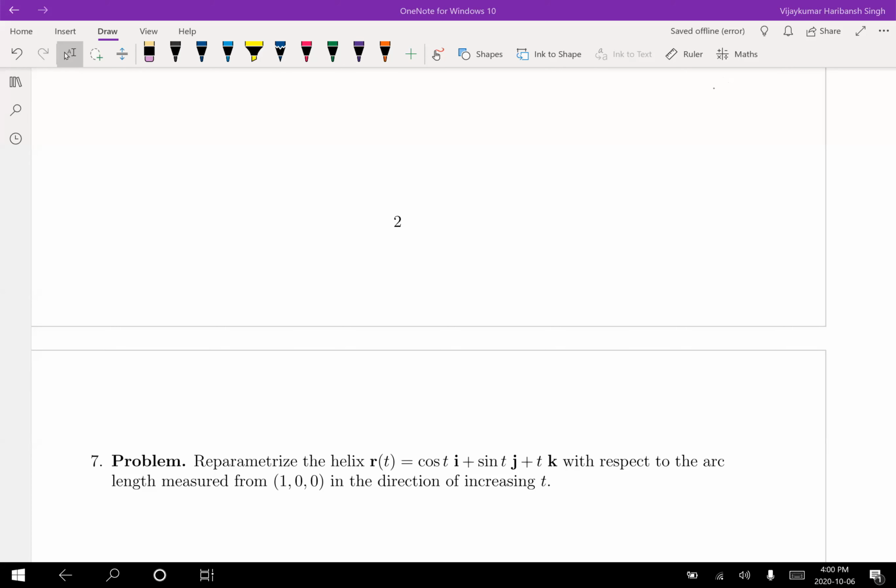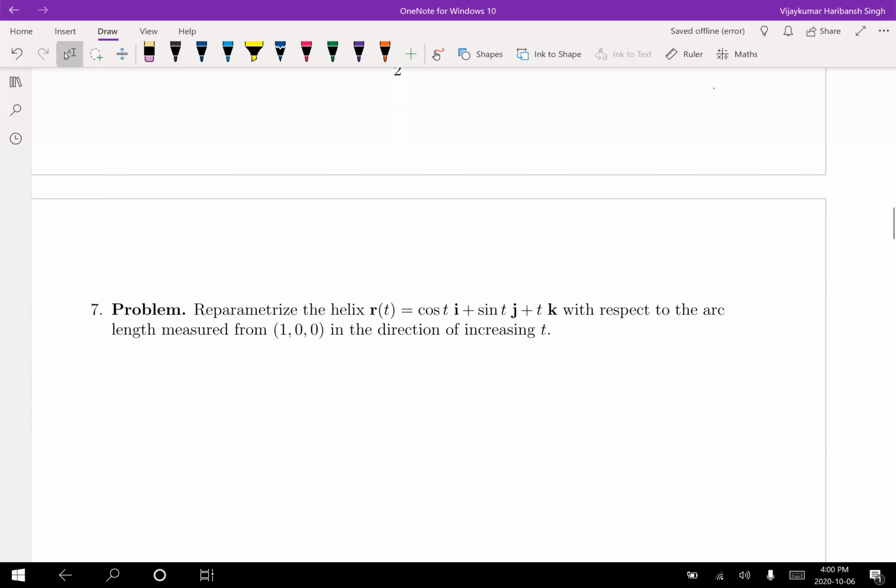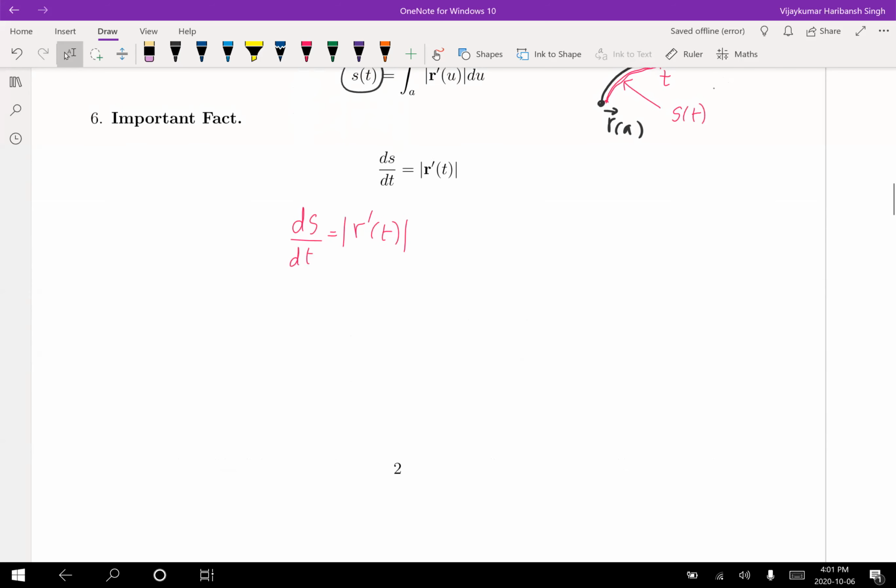So we'll see how reparametrization works. We're going to reparametrize the r of t, which is given by this, with respect to the arc length function. So we're going to use arc length to parameterize the helix. All right, so the idea is the following. Let's first compute the s of t.